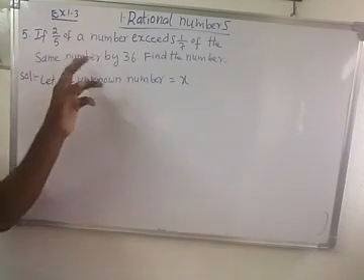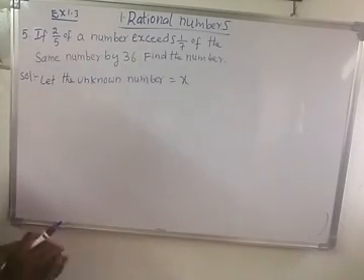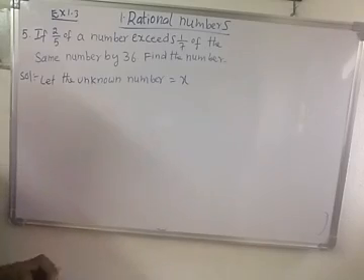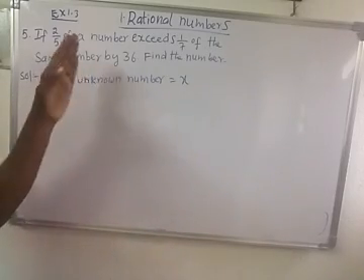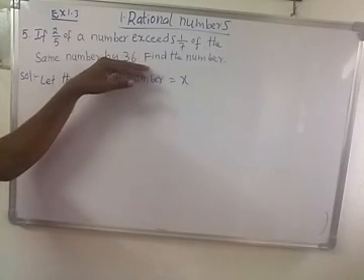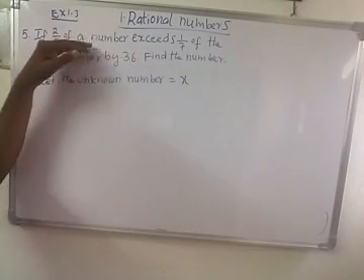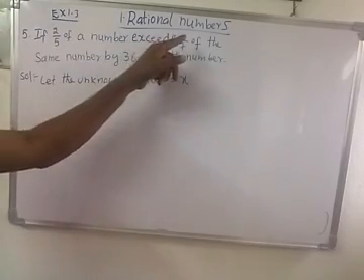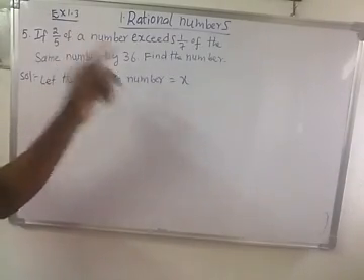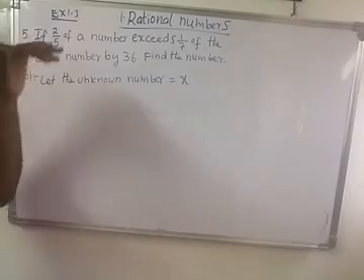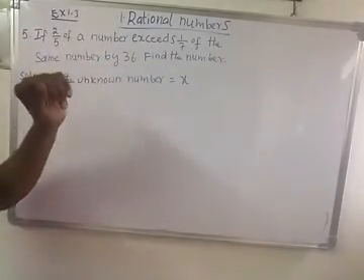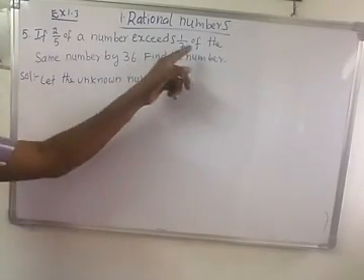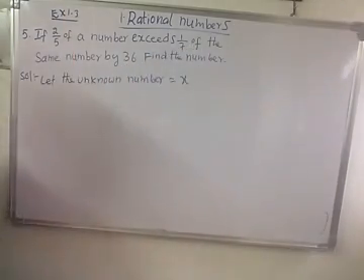Here exceeds means addition or more. So 2 by 5 of the number is equal to 1 by 7 of the number plus 36.